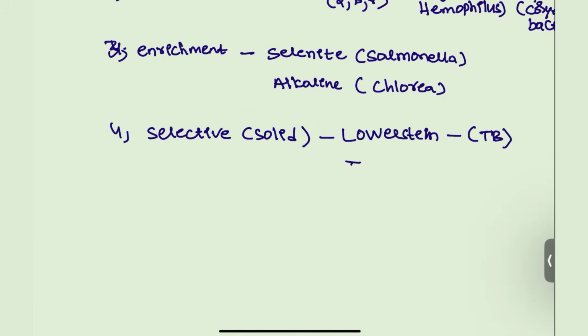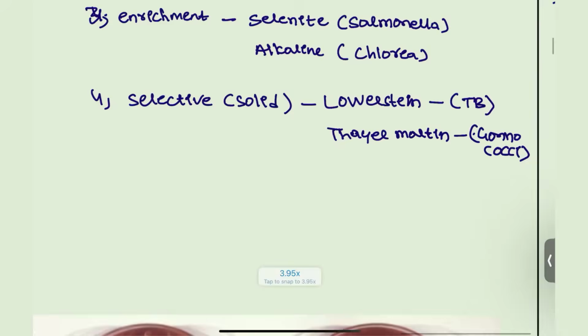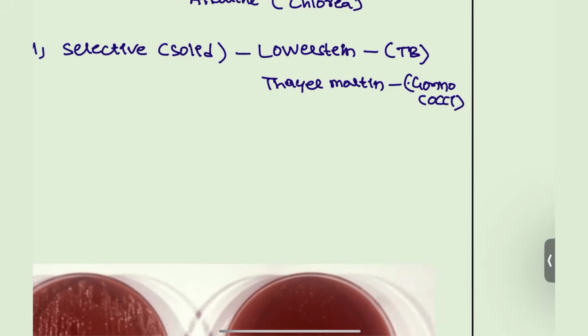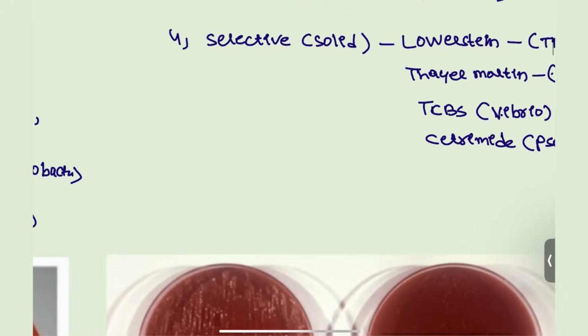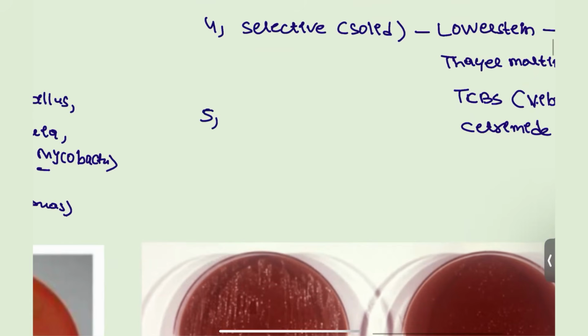Thayer-Martin is again for the gonococcus, TCBS for the Vibrio, and cetrimide for the Pseudomonas.